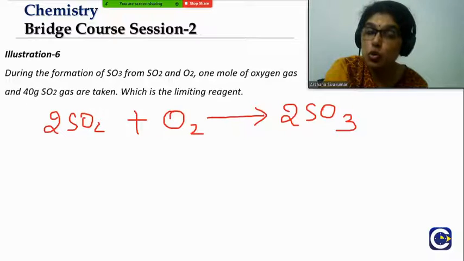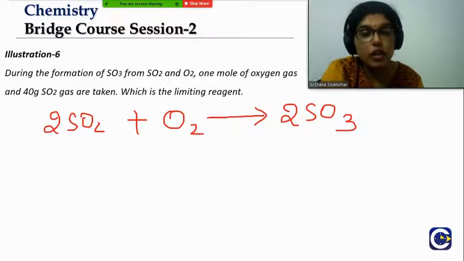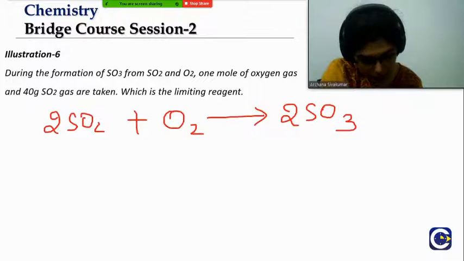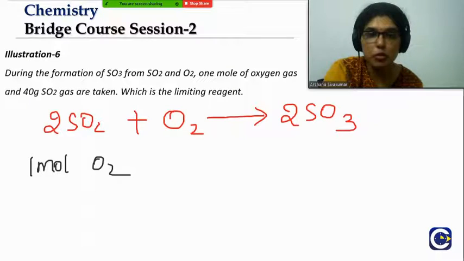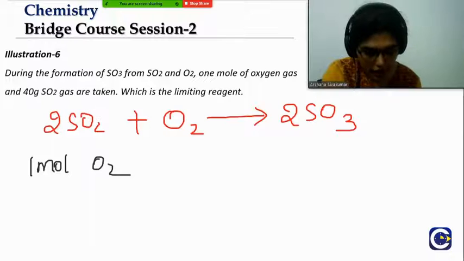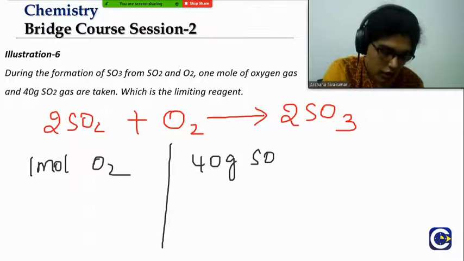So 2 moles of sulfur dioxide react with 1 mole of oxygen to give rise to 2 moles of sulfur trioxide. What is given here? We have 1 mole of oxygen gas, already in moles, so we don't have to worry about it. And we have 40 grams of sulfur dioxide.